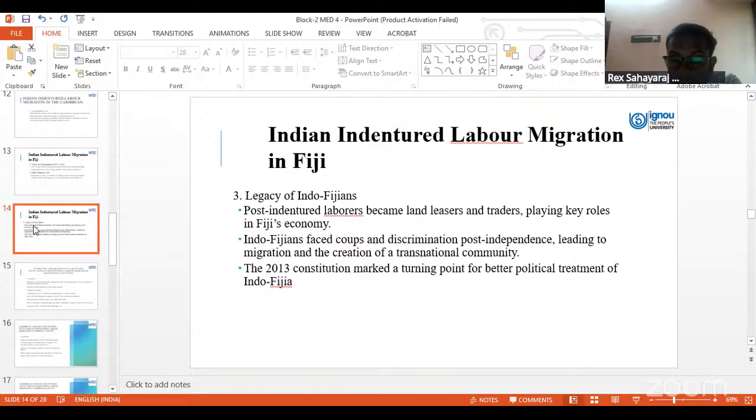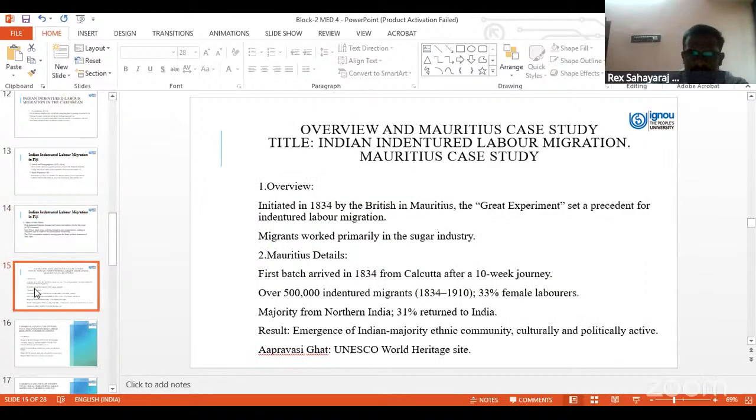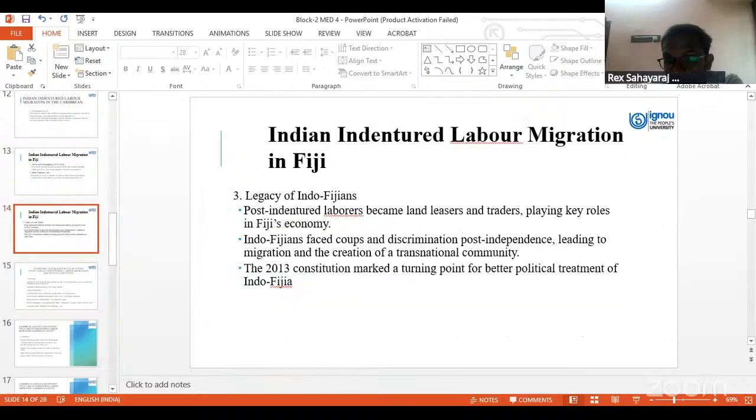And imagine, in 2013 the Constitution marked the turning point for better political treatment of Indo-Fijians. People of Indian origin are given voting rights. They can stand for election and everything. So this was the Indian condition in Fiji during the colonial period.